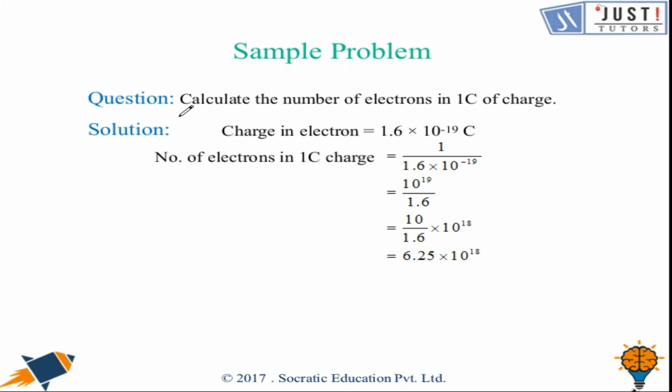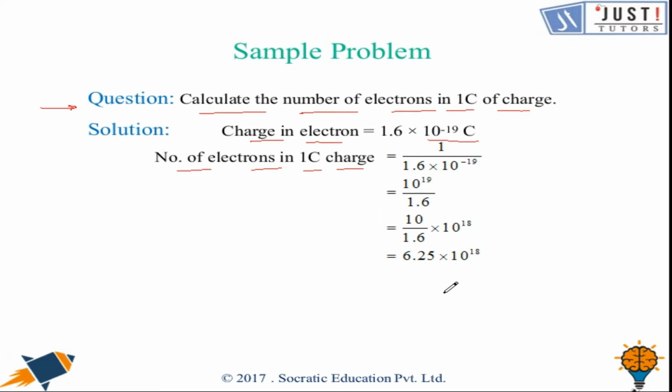Here's a sample problem. The question says calculate the number of electrons in 1 coulomb of charge. So charge in 1 electron is 1.6 into 10 to the power minus 19 coulomb. The number of electrons in one coulomb is 1 over 1.6 into 10 to the power minus 19.